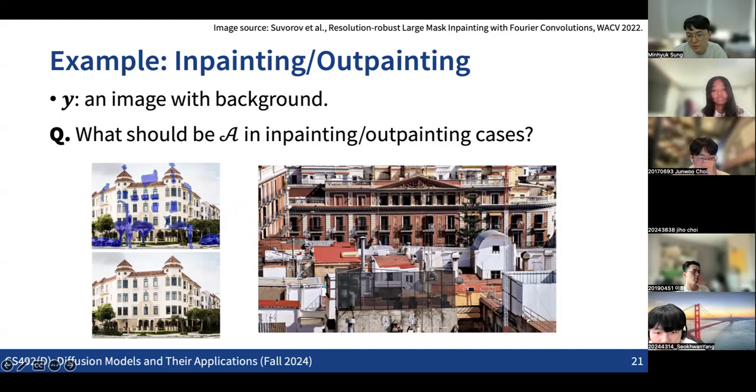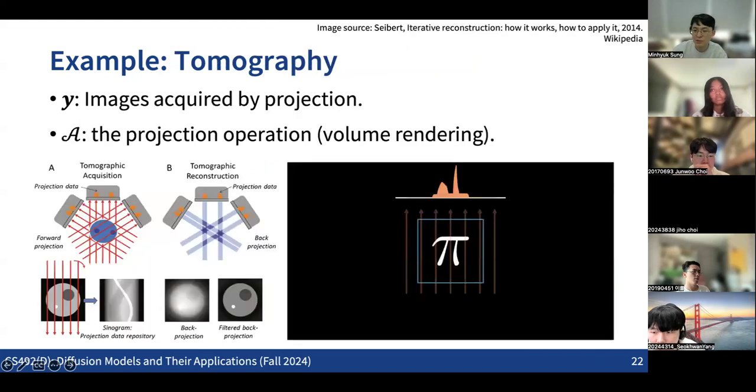So these are some examples in image processing, but also for many other things. Another example might be tomography, or many other 3D reconstruction cases. Tomography is a technique that we can see for CT reconstruction or MRI reconstruction in many medical imaging cases.